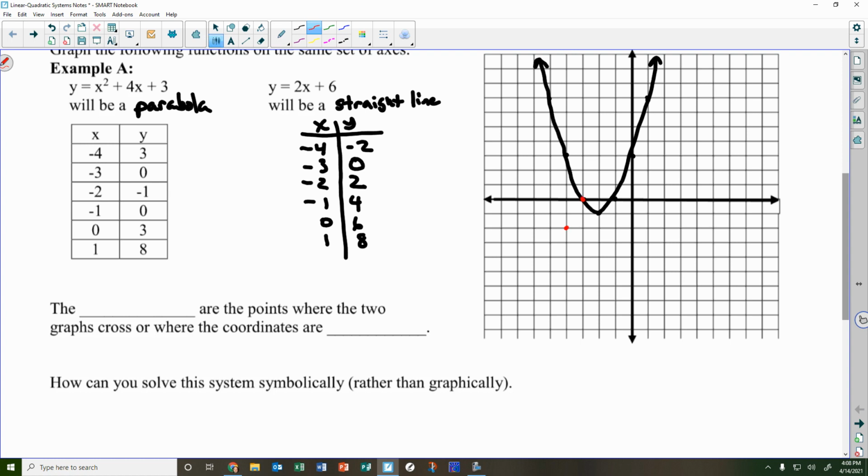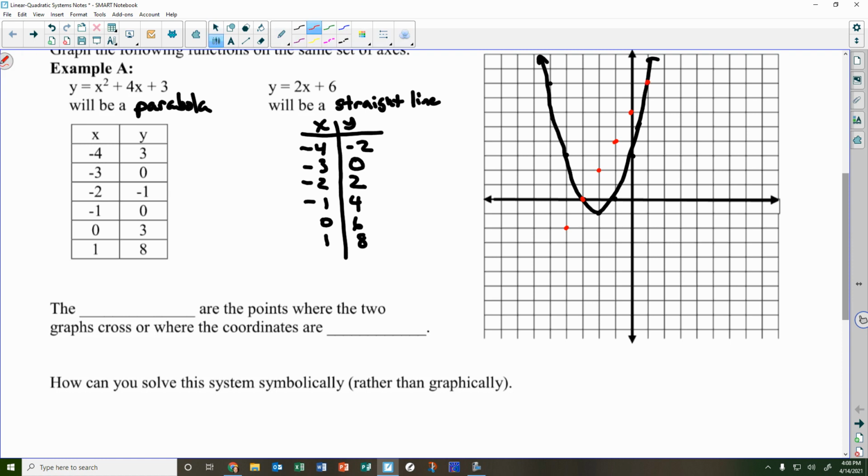At -3, 0 is there. At -2, 2 is there. At -1, 4. 0, 6. And 1, 8. Ooh, and I think I made the 8s off a little bit on the other one. That would be a little bit of a problem, because 1, 8 is up here, and this one's also at 1, 8.